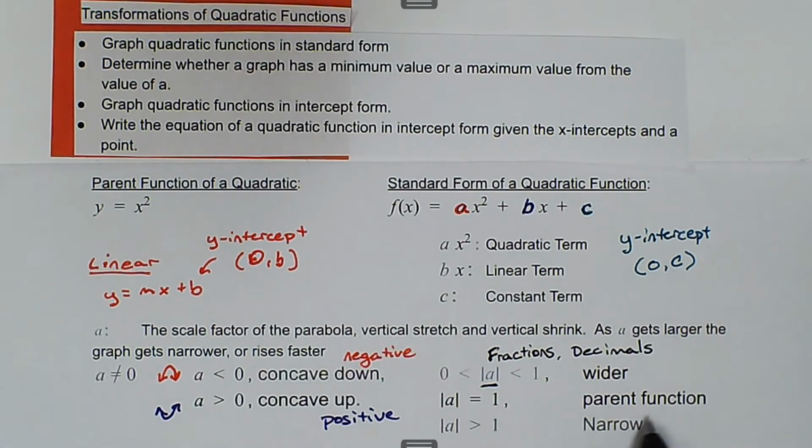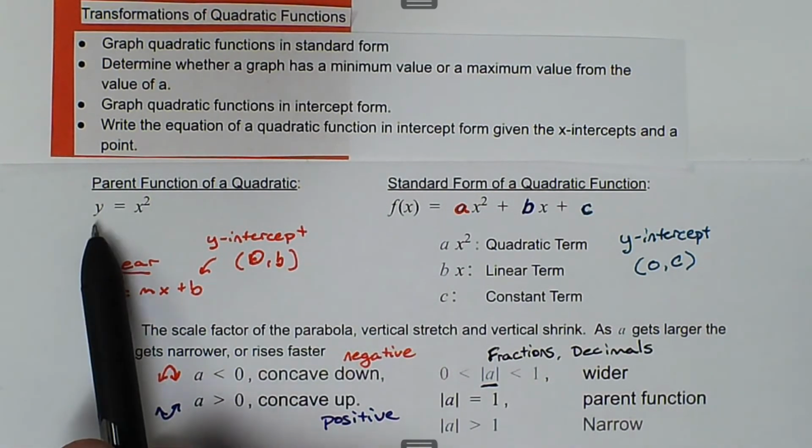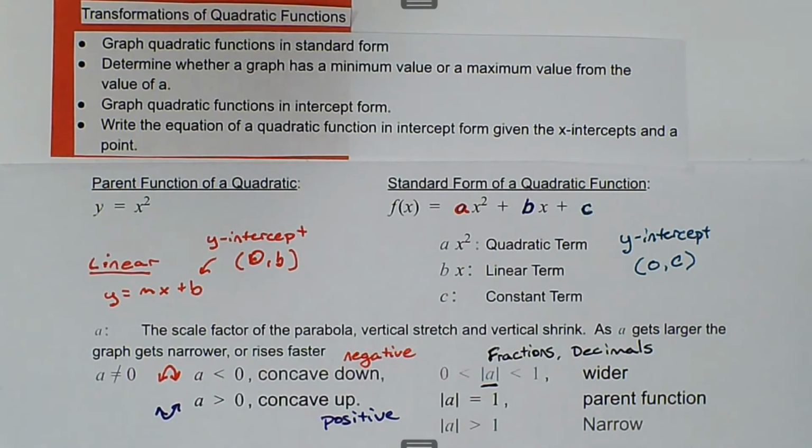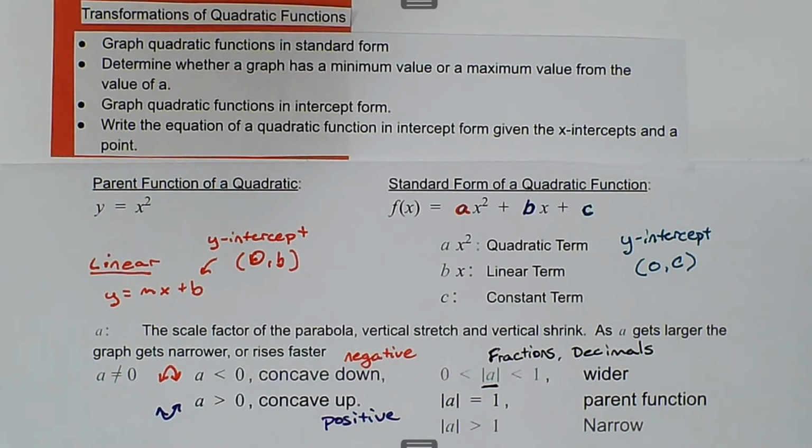If the absolute value of a is equal to 1, that's just the parent function, so that's y equals x squared with some shift on it. And if the absolute value of a is greater than 1, that becomes narrow. So that's 2, 4, anything that's greater than 1.